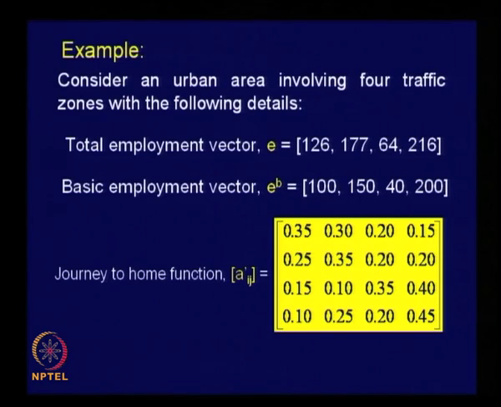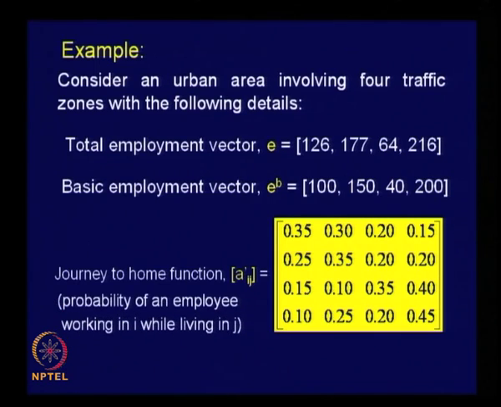Journey to home function A dash ij is given like this. This is a 4 by 4 square matrix, right, and how do you understand the cell value 0.3 in the first row? Anybody? Maybe I have to provide you this information.